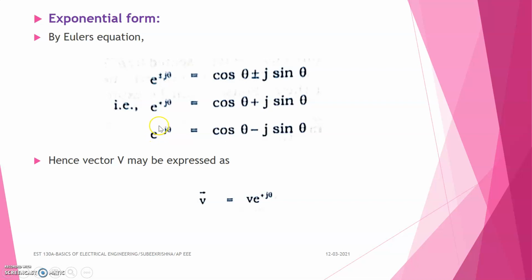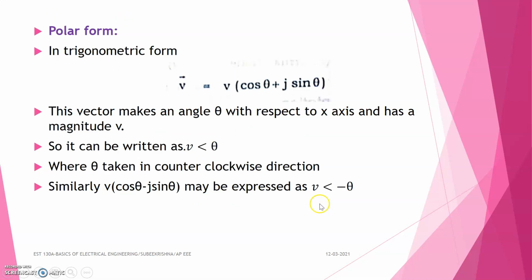Depending upon the sign of j theta, we can change the polarity. Here it is e raised to plus j theta with a plus sign, and when it becomes minus j theta, it is a negative sign. Hence the vector v may be represented as v into e raised to plus j theta.